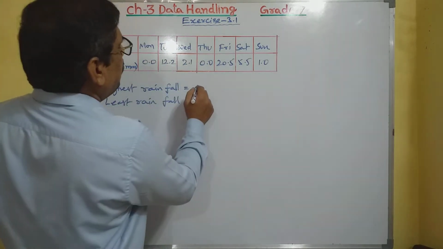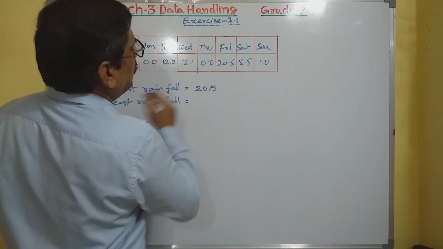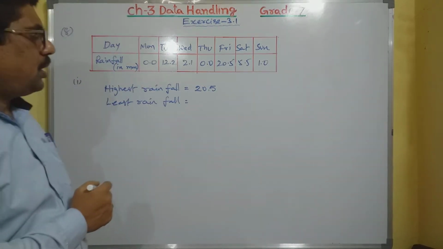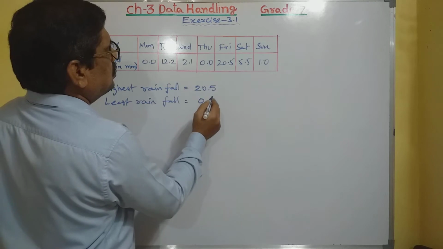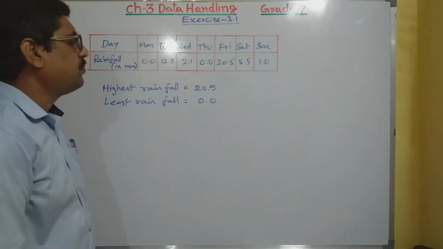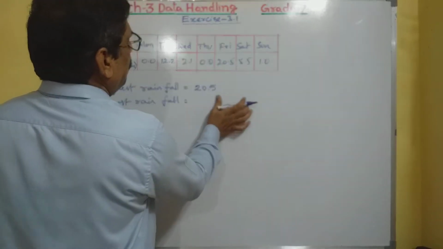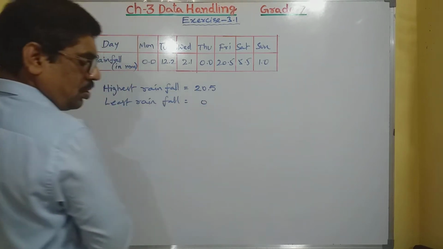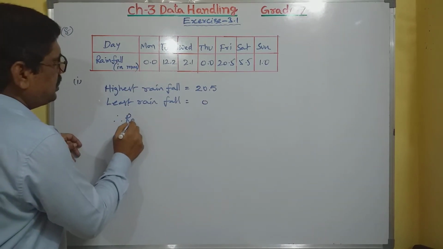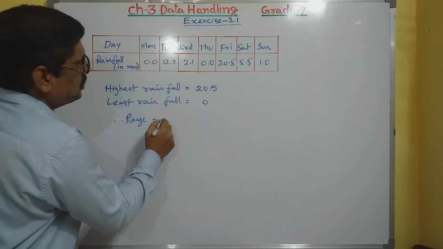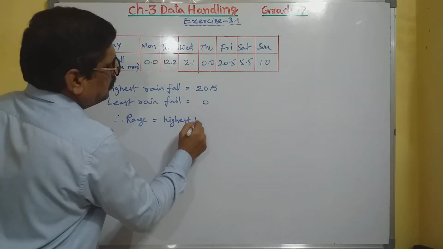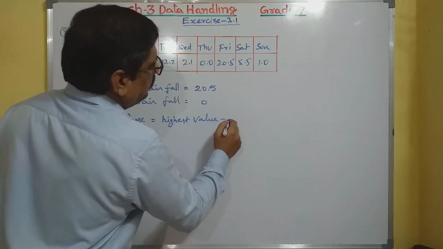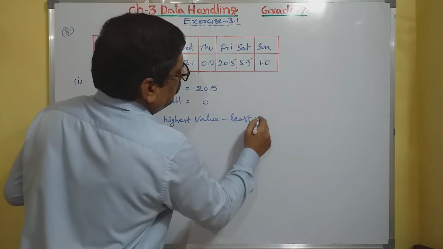So what is the highest rainfall? Here 20.5. On Friday it was heavy rain. And the least rainfall is 0.0, that means 0 only. We can say simply 0. Now, what is the range of the data? Range is equal to, what is the formula for range? Highest value minus least value.